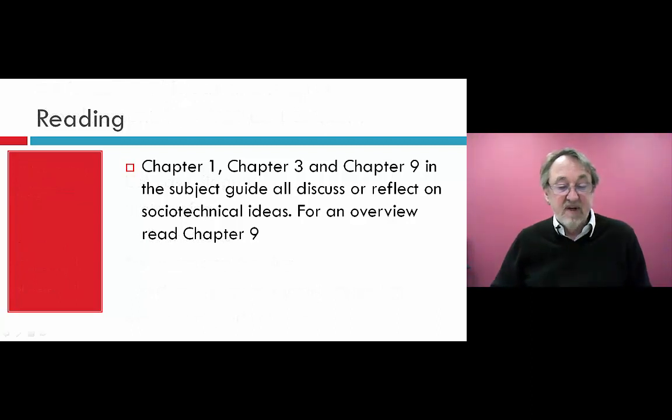Now we come to the end of this first session, and I'm going to suggest some readings for you. They're mostly in the subject guide, though of course you need to follow the subject guide into the recommended textbooks. I think chapters 1, 3 and 9 all discuss or reflect on socio-technical ideas, but that's not to say that they don't turn up in other places. Of course they do. I'd also encourage people to read the final chapter of the subject guide, the overview, where we're trying to sit back a little bit and get a bigger picture of the information systems field.